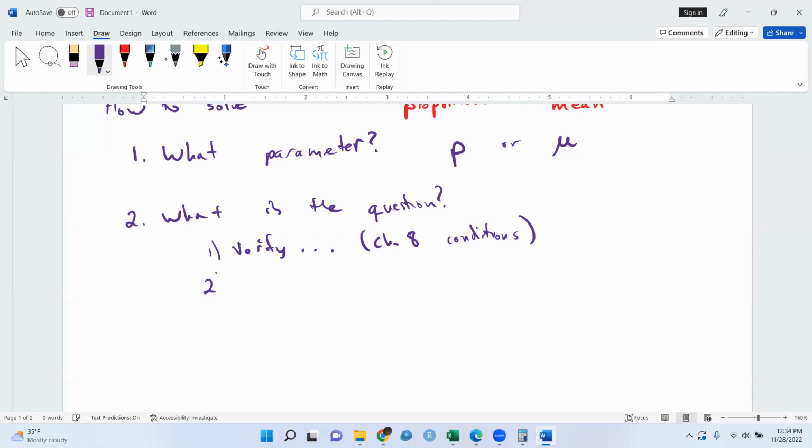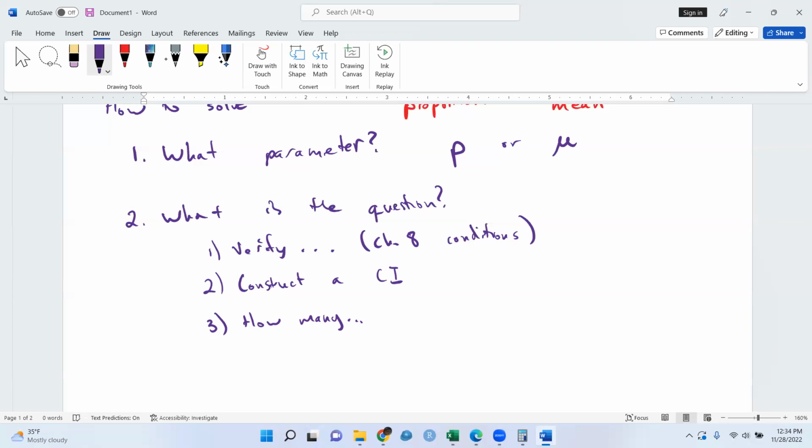The second one, if we did this in order, is construct a CI. The third one we did was the how many. And remember, there were other ways these questions were asked. Sometimes it was estimate the minimum sample size.